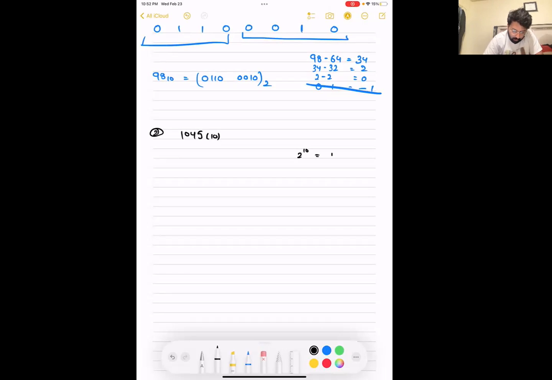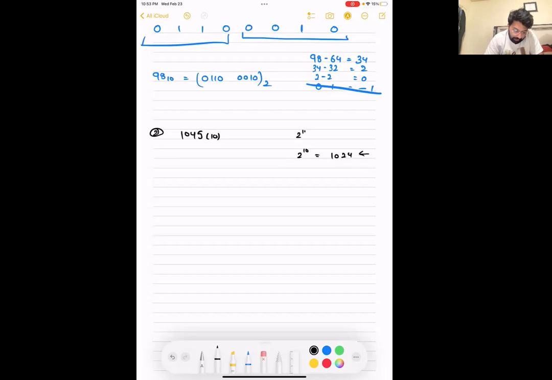Let's see what that is. It's 1024. It's smaller than 1045. So what that means is, if we use 11 bits in binary, that can only express numbers up to 1024. But 1045 is bigger than that. So we might need a bigger number to express that.